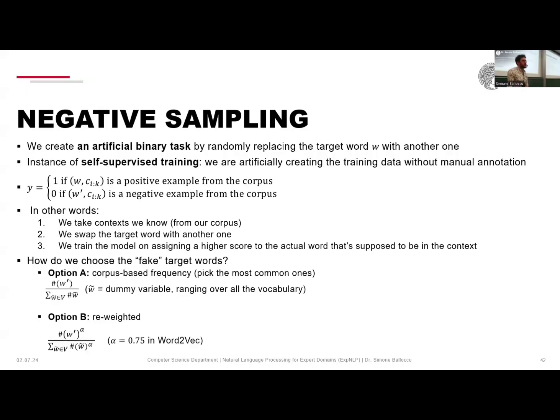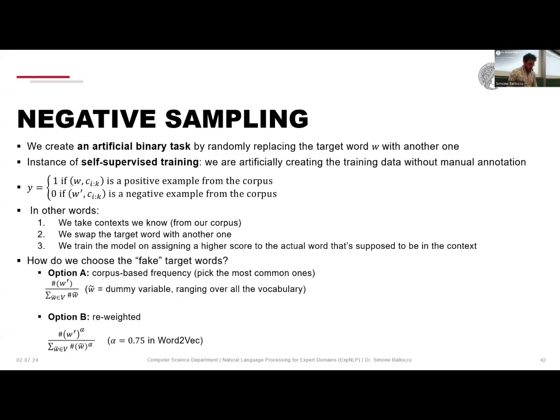Those occur, those are natural contexts. Then I take a word, I swap it with another one, and that's my negative example. So we take the context and we just swap with another word. There's no model which swaps it.